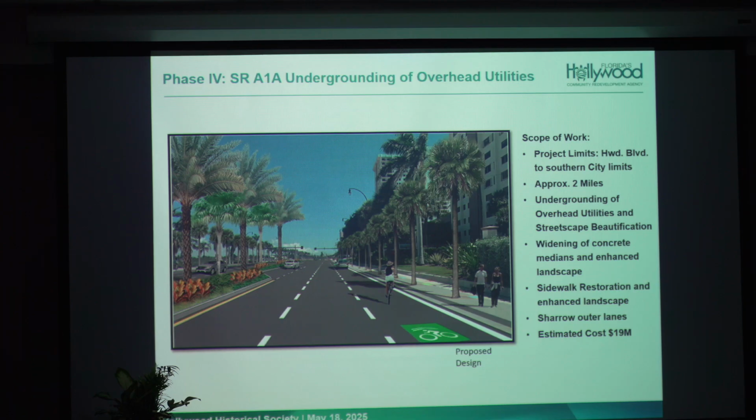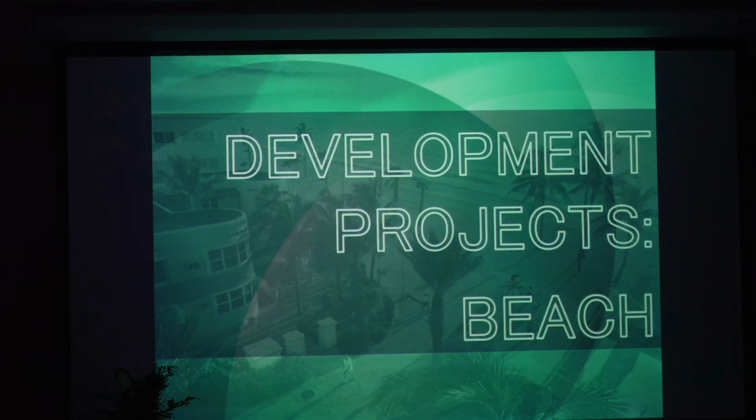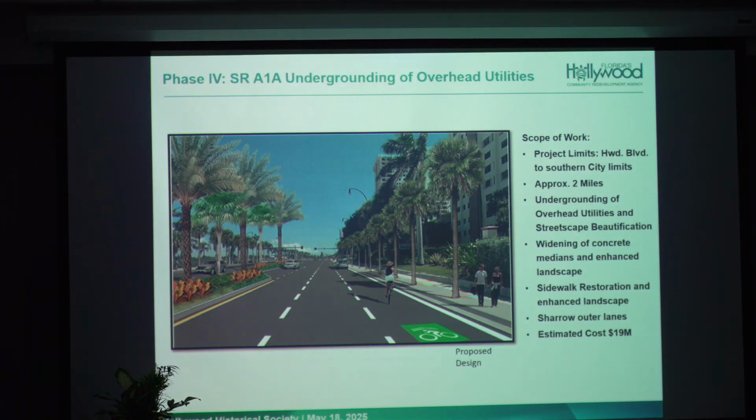So the project limits are Hollywood Boulevard to the southern city limits, 2 miles long: undergrounding of overhead utilities and streetscape beautification, the widening of concrete medians and enhanced landscape, sidewalk restoration and enhanced landscape, and the Sharrow outer lane. The Sharrow is the name for the bike lane that's shared with the vehicle, the car, I should say. I call them death lanes.